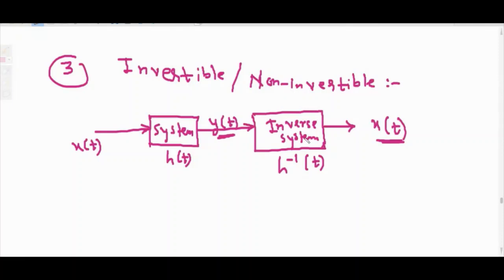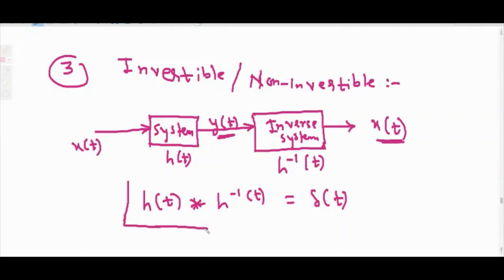Now condition in terms of impulse response is h of t convolution with h inverse t equal to delta t. If this convolution gives delta t, then that is nothing but invertible system.